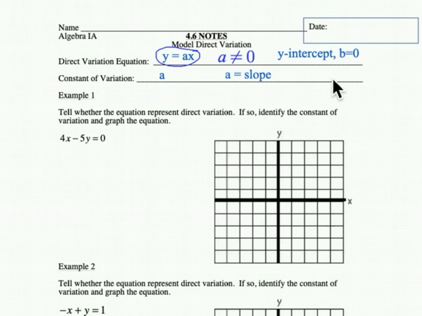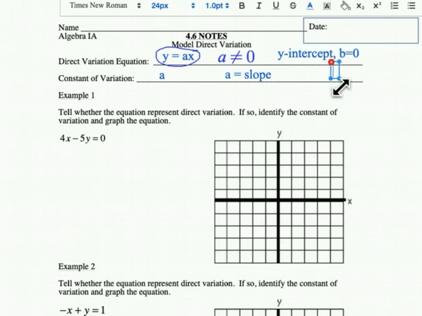Now, if you think of a linear equation, linear equations are always any equation that take the form y equals mx plus b, right? So y equals mx plus b is a linear equation where m is the slope and b is the y-intercept. Well, this is just the same thing. We just have y equals a times x plus 0, because a is just taking the place of the slope m in this equation.